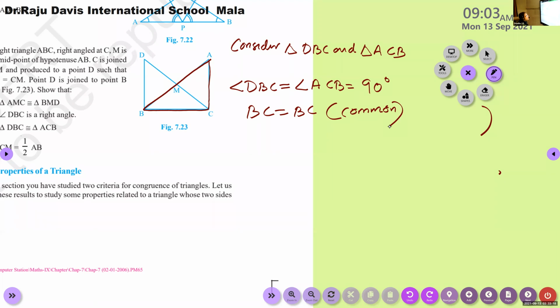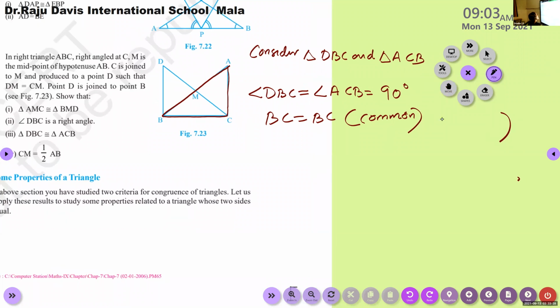Anything else common? No. What about DB and AC? Are they equal? Can we say DB and AC are equal, Alan, by any reason?